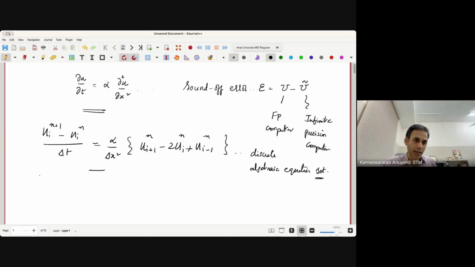So then we said if this particular equation is solved on a finite precision computer, then we are going to write this entire equation in terms of some function of capital U. Similarly, if we solve it on an infinite precision computer, then we obtain this equation for f of u tilde, right?